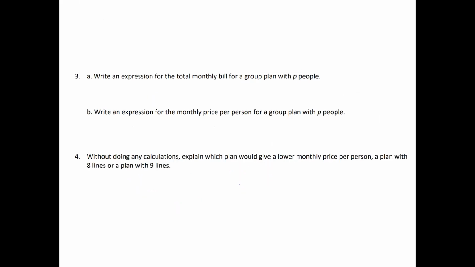All right, 3, write an expression for the total monthly bill for a group of P people. Already did that, just kidding. Without doing any calculations, explain which plan will give a lower monthly price per person, a plan with 8 lines or 9 lines.